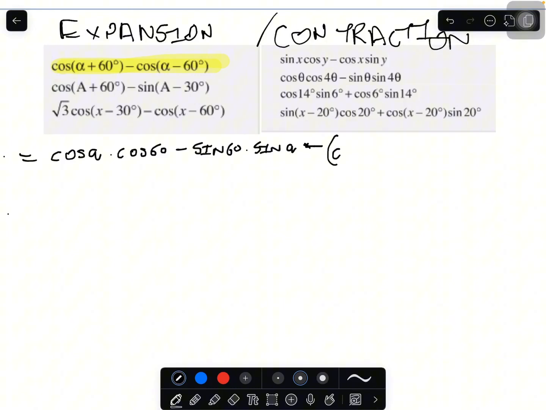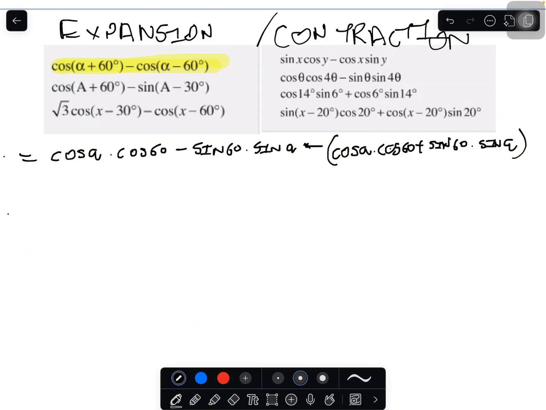So I'll have cos alpha times cos 60, and there's a minus sign there, so this is going to be a plus sine 60 times sine alpha. Okay, just mind the writing's a bit squashed. With this expanding, it just goes really far along and it's hard to fit into the screen.